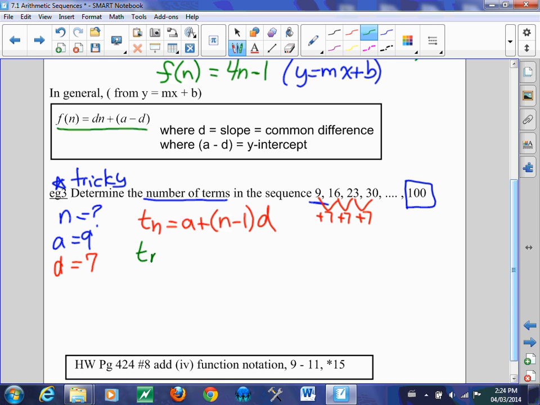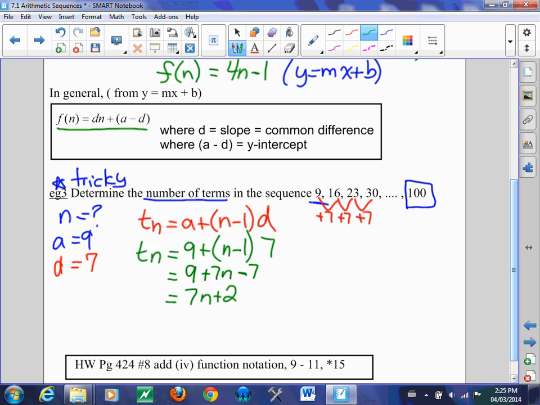So t at n equals 9 plus n minus 1 times 7. Simplifying, we have 9 plus 7n minus 7, which equals 7n plus 2. So far so good.